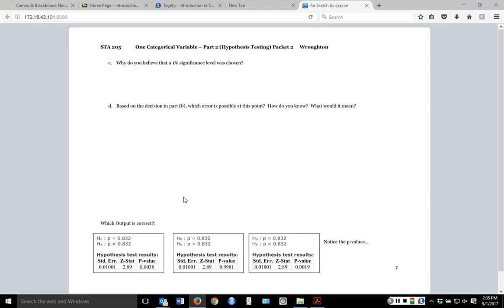So we're going to talk about why you think I actually used that 1% significance level. Before, we talked about how we would set alpha based upon type 1 and type 2 error rates. We said that type 1 error is actually the alpha. So we're going to set that at a low number when a type 1 error is worse. By saying that, I'm saying that a type 1 error is worse.